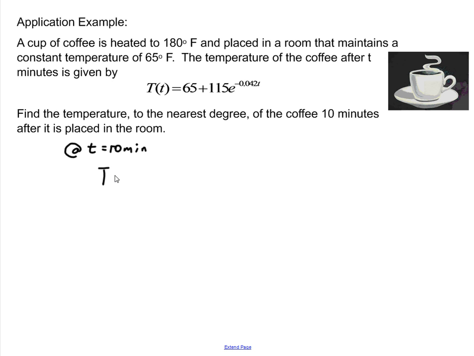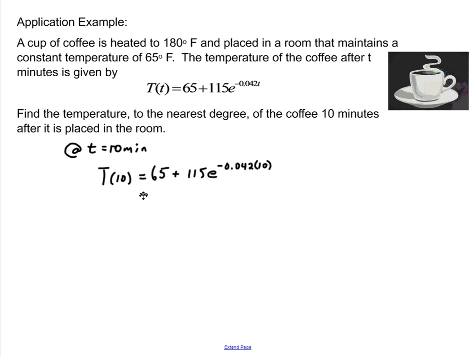The temperature, capital T, of this cup of coffee at that 10-minute mark, according to this model, should be equal to 65 plus 115 times e to the negative 0.042 times 10.